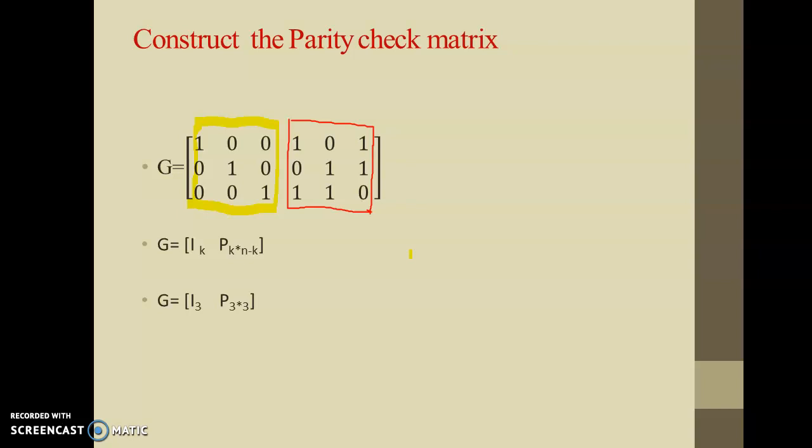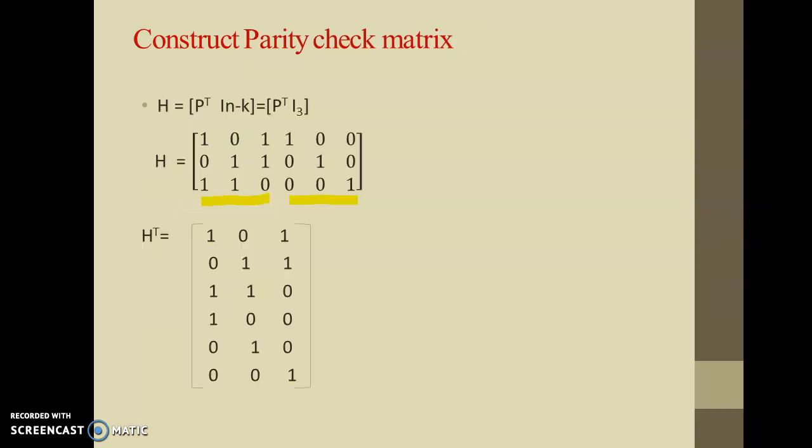So we got the parity matrix, and how do we form the parity check matrix? It's a combination of the transpose of the parity matrix and the identity matrix of order n − k. Transpose means rows become columns and columns become rows. So for this example, the parity check matrix is a combination of the transpose of the parity matrix and the identity matrix of order 3.